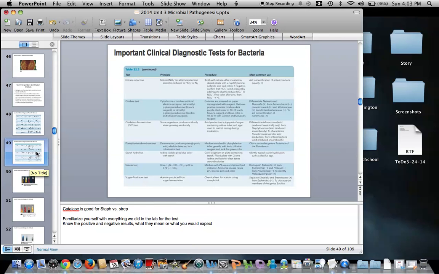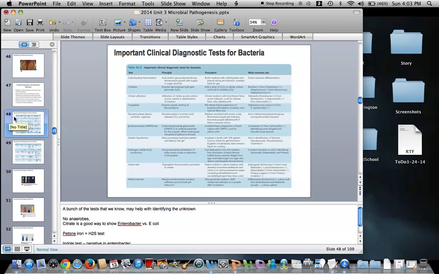Catalase is good for staph versus strep. This is on this one. Staph would be positive.